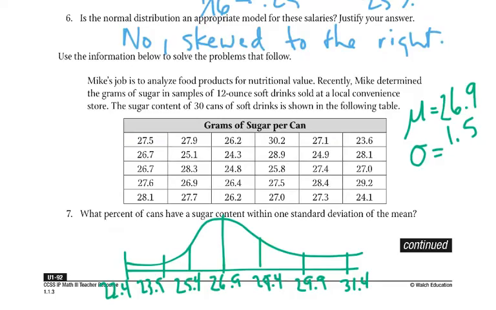Okay, so let's take a look at these. So the one standard deviation would be 25.4 to 28.4. Okay, so it'd be all of those ones. Not the 24s. Not the 30.